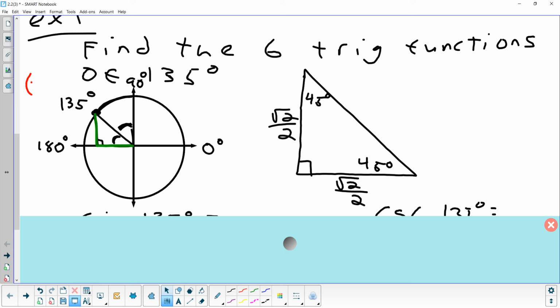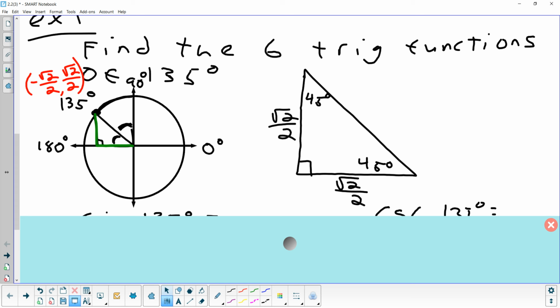Jade? Negative square root of 2 over 2. Yep, so negative square root 2 over 2, because we went left, and then positive square root 2 over 2. That's the coordinate for 135.